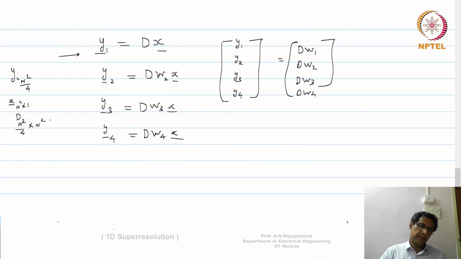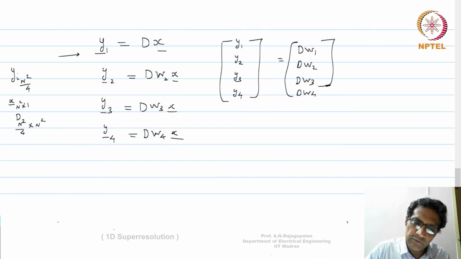Therefore, when you stack them up, because you've got 4 of them, n square by 4 each, this becomes n square by n square. This again, because you have stacked up 4 observations, together becomes n square by 1, and this is x, which is n square by 1.